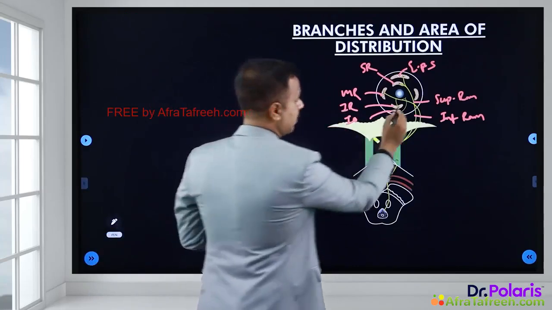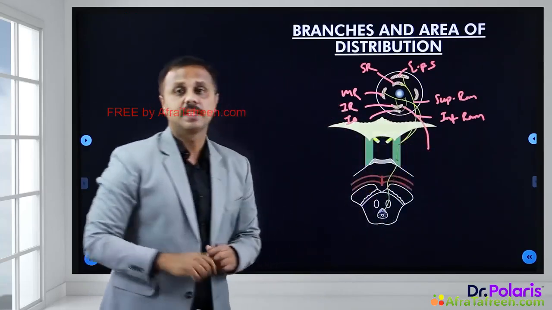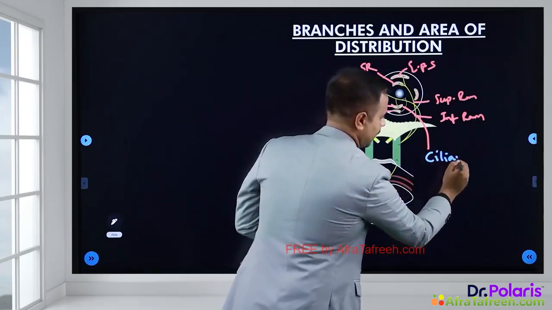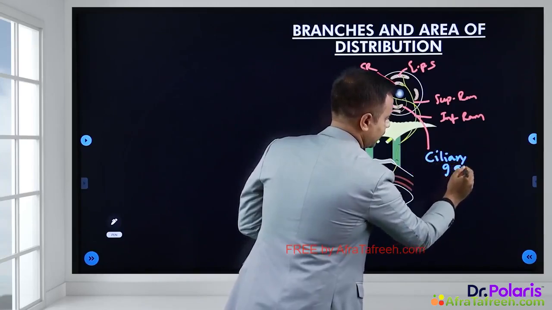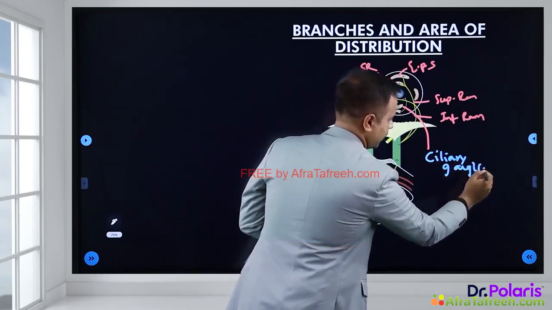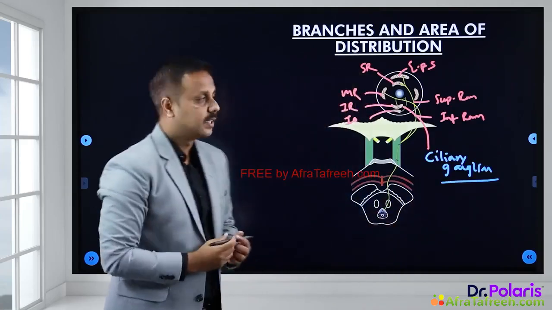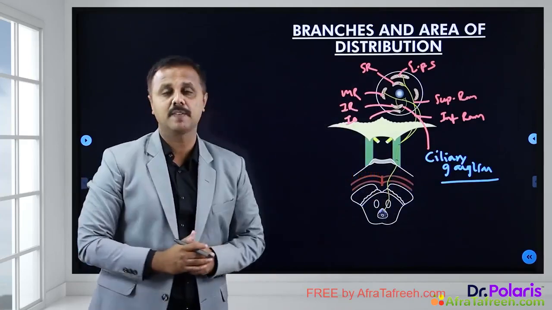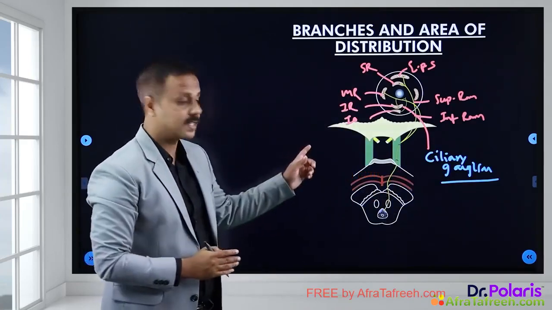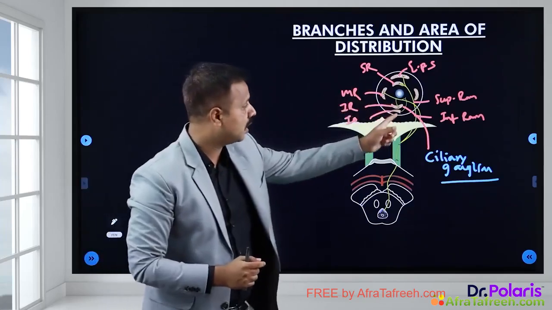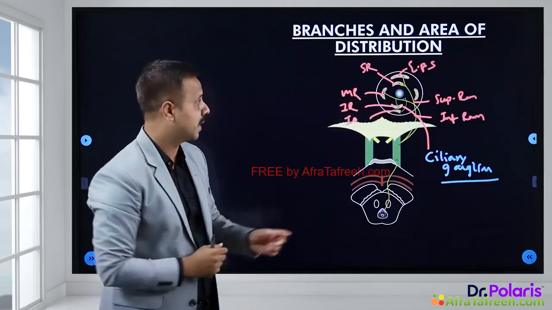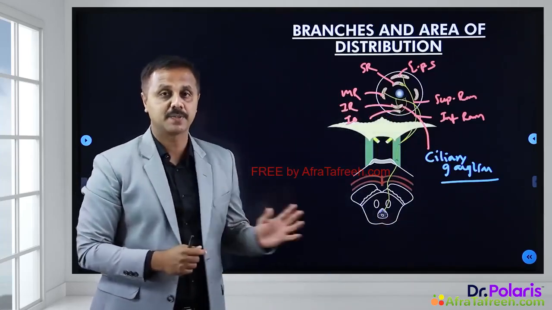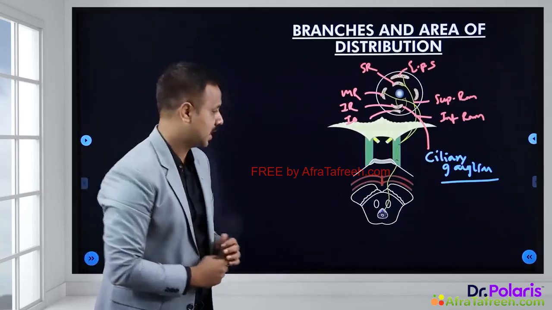The nerve to inferior oblique is peculiar because this will give a branch to the ciliary ganglion. So this is regarding the branches coming from the oculomotor nerve and the muscles supplied by it. As I said, this supplies almost all the extraocular muscles, leaving out only two muscles: one is lateral rectus and the other one is superior oblique. That is why it's also known as the oculomotor nerve.